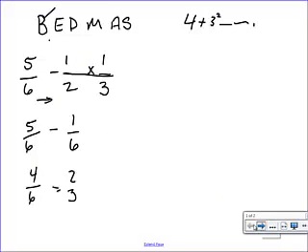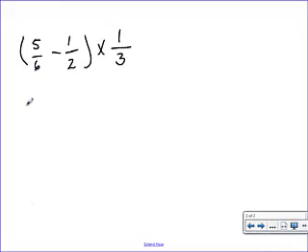But it also means that when you get into this kind of thing, it becomes more complicated. Okay, 5/6 take away 1/2 times 1/3, with the subtraction in brackets. Okay, well, what do you do first? You do the brackets.